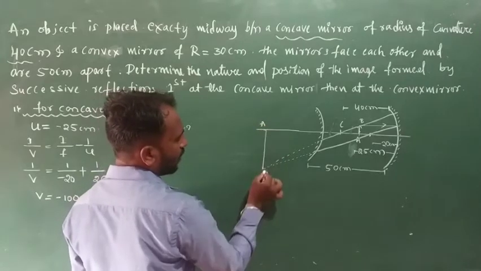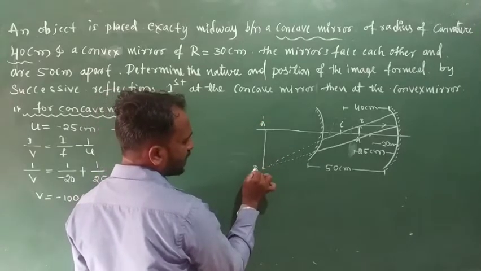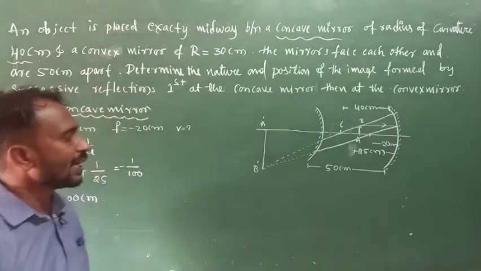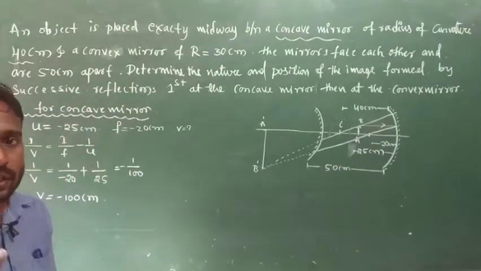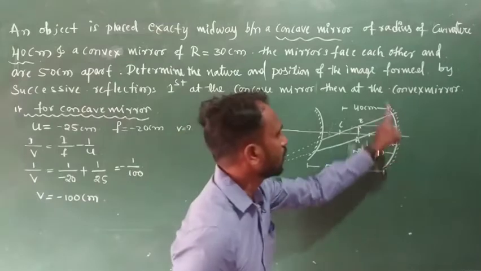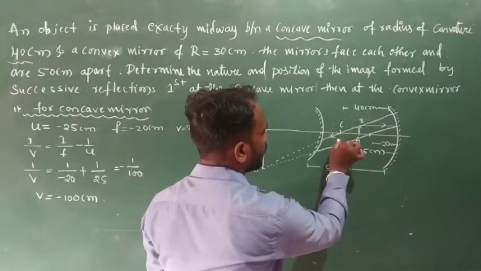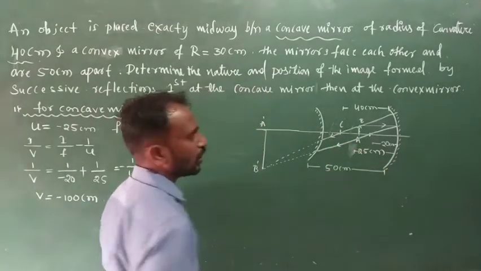This one is A dash and this one is B dash, the image for the concave mirror.